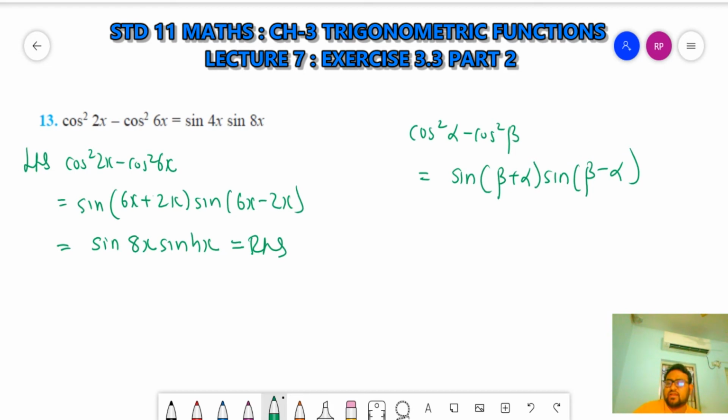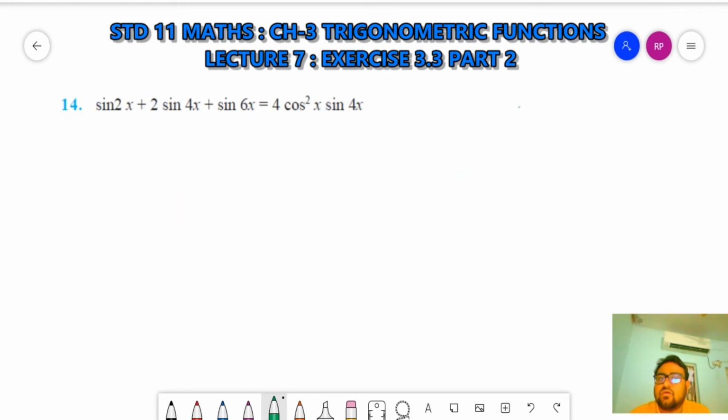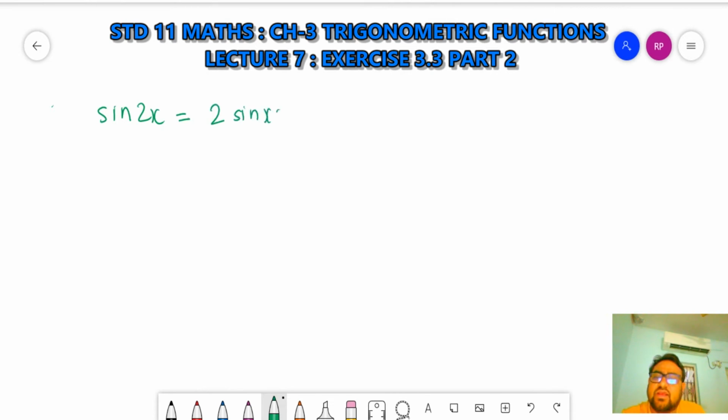Now let's move to the next, that is number 14. Before starting question number 14, I will teach you two new formulas about sine 2x and cos 2x. See, sine 2x is equal to 2 sine x cos x.